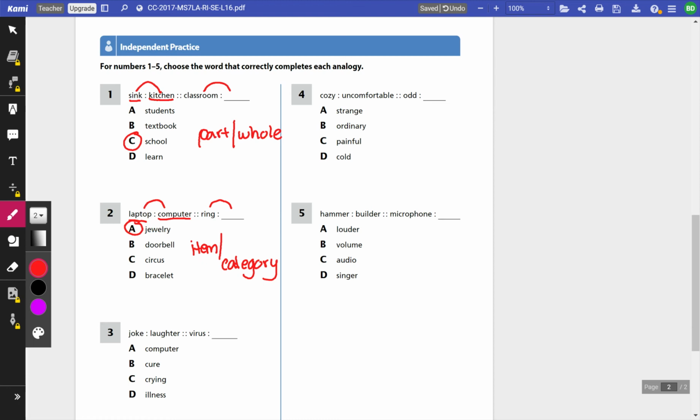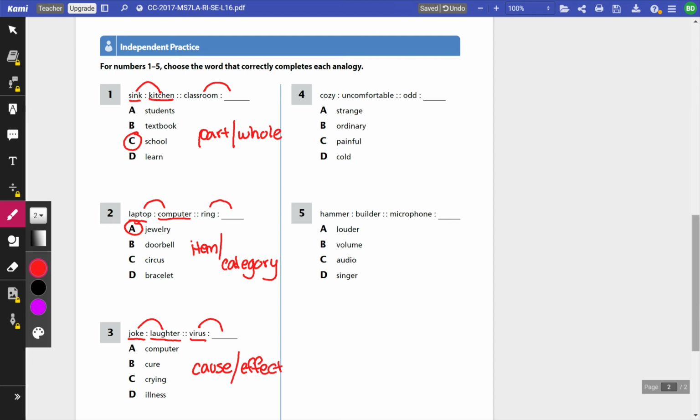So joke is to laughter as virus is to blank. So let's look at the relationship between joke and laughter first. If someone tells a joke, that probably makes you laugh. So that tells me this is going to be cause and effect, because if someone tells a joke and you laugh, that is cause and effect.